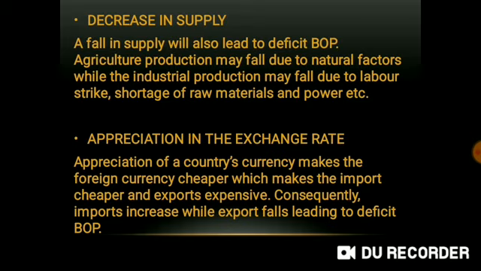So as a result, imports become cheaper, and it becomes very expensive for the foreign customer to buy the Indian commodities, because they have to pay more of their currency to get Indian products. Understood? So as a result, export falls and import increases, which ultimately leads to adverse balance of payment. So this is the sixth reason.